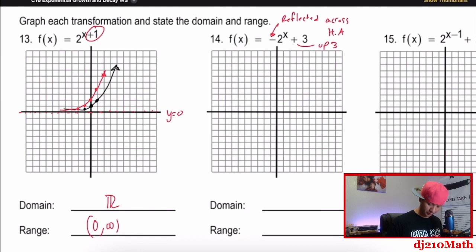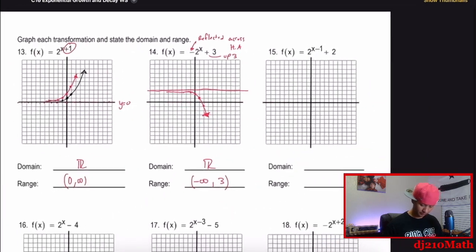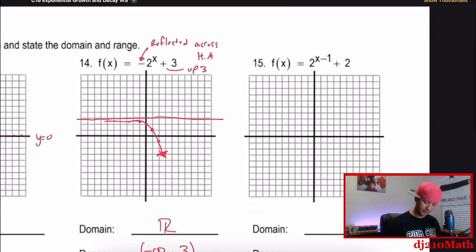So up 3, 1, 2, 3. Here's the horizontal asymptote, and now it's reflected down. So it's going to look something like this. All real numbers. The range is from the horizontal asymptote down. So negative infinity up to the horizontal asymptote, which is 3. Okay.